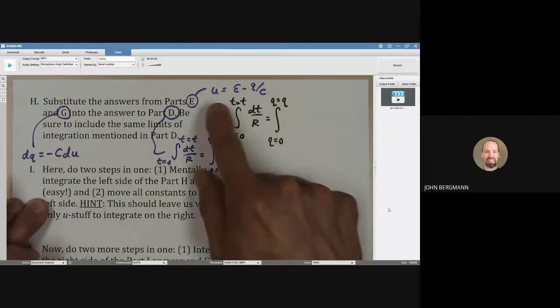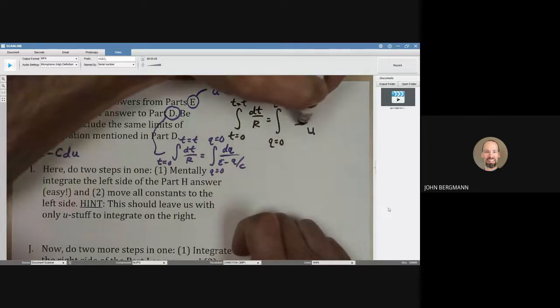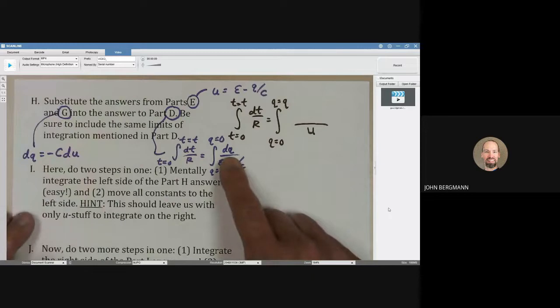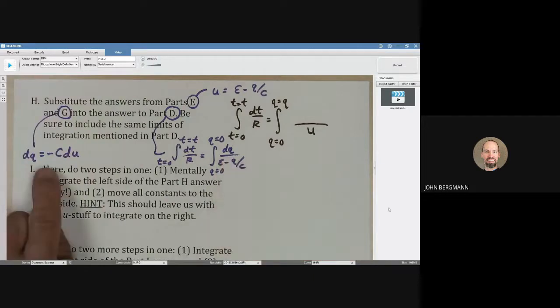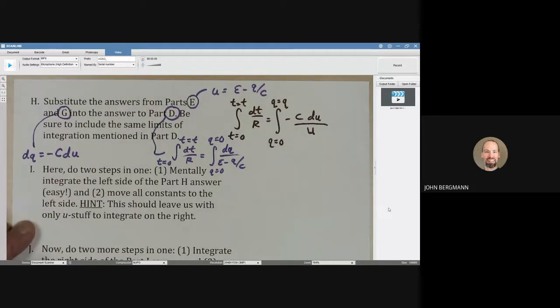So that means that there's got to be a u in the denominator. Put a fraction there. And then dQ is right over here on the left, opposite C du. So far, so good?